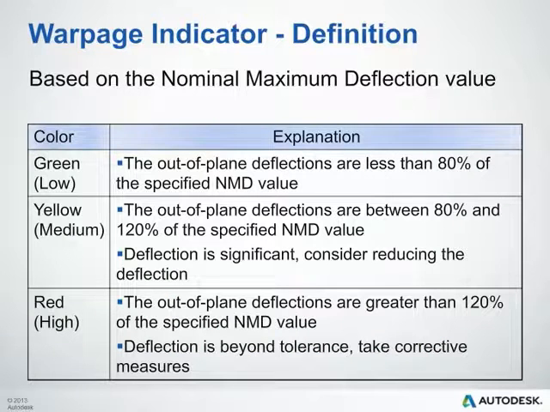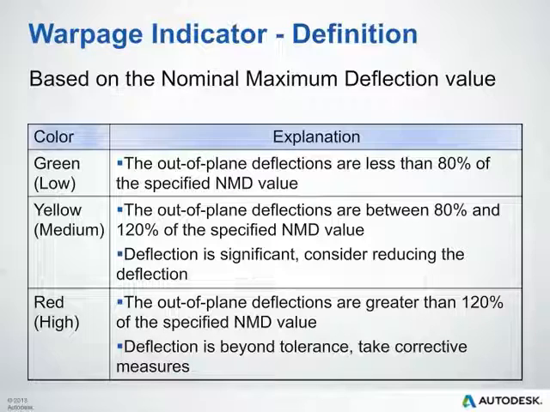So, when we were looking at some of the plots before for the anchor plane and the best fit, you're probably wondering where these red, green, and yellow areas came from. Well, they're based off the nominal maximum deflection value that you specify in that tool's menu. Anything shown in green means that your out-of-plane deflections are less than 80% of that value you specified.